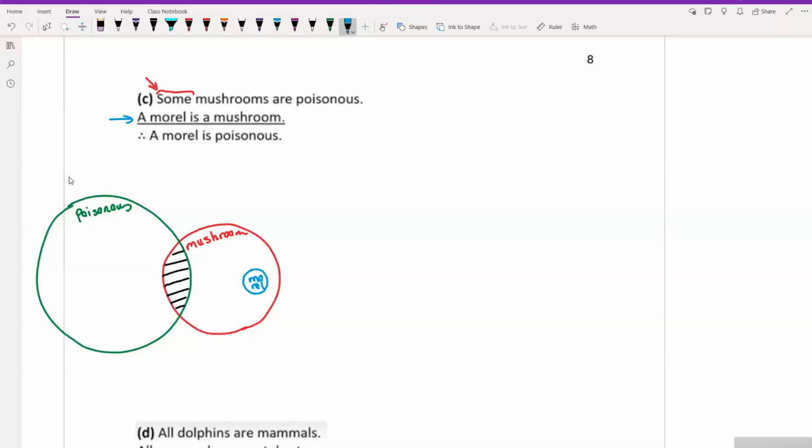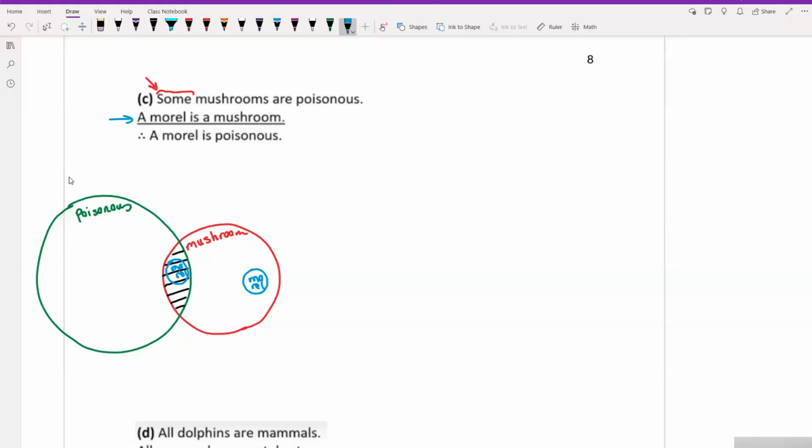I can have that part here on this side, or I can have it here on this part. So I can have this morel outside of the intersection part, or inside the intersection between poisonous and mushroom.